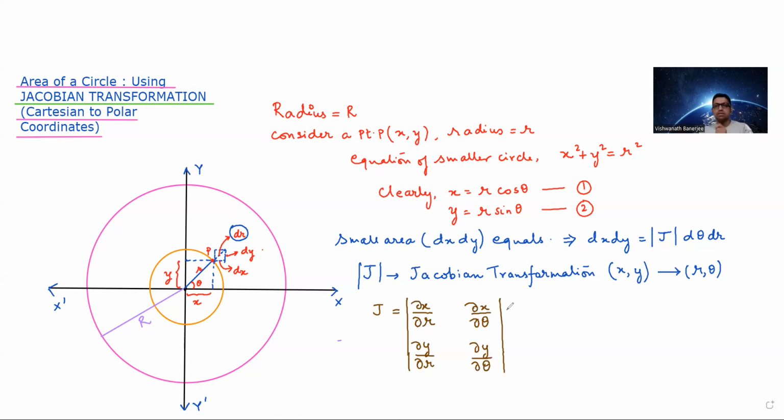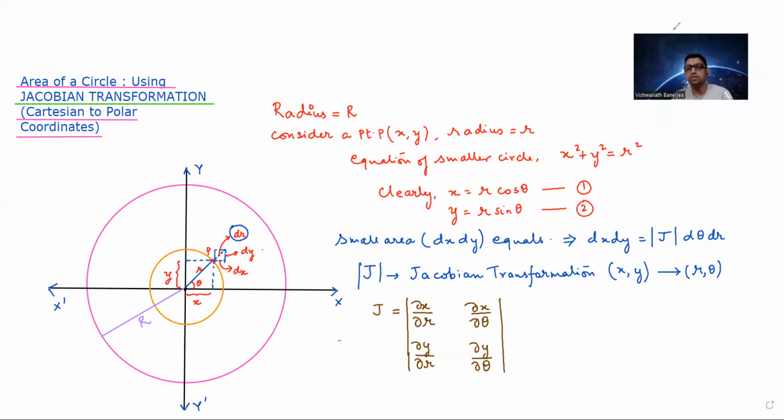So the four elements of this determinant are del x by del r, del x by del theta, del y by del r, del y by del theta. Now, when we do partial derivatives, we consider the other variable to be constant. So basically, what we are doing here is, let me do it here.